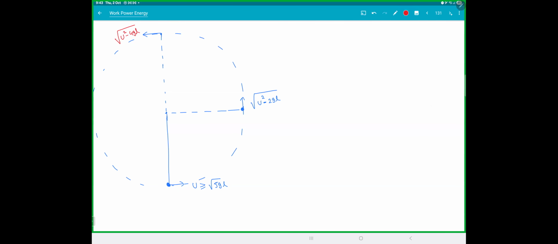So the speed changes. This comes from conservation of energy. At the highest point, the tension will be T2. At the lowest point, the tension will be T1.